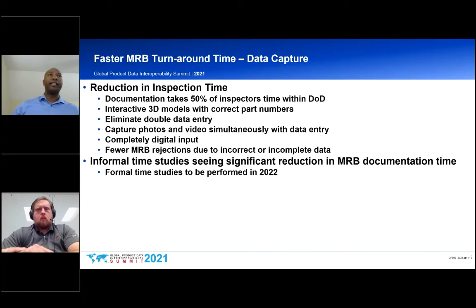Whereas utilizing a digital thread system allows you to significantly reduce that time by utilizing 3D models to pull the correct part number, which eliminates a large amount of searching, eliminating double data entry, being able to capture photos and videos directly, complete digital input, and fewer MRB rejections due to incorrect or incomplete data.